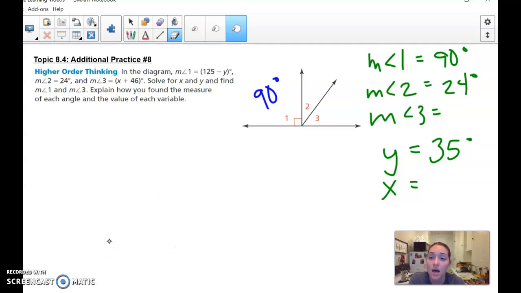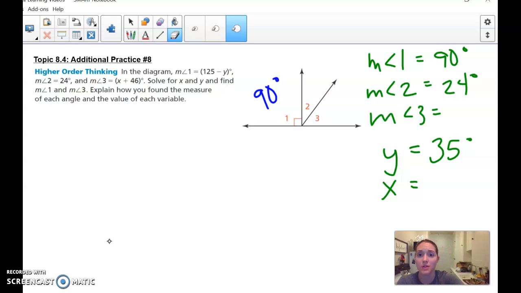Now, angle 2 is 24, and the measure of angle 3 is x plus 46 degrees. So I can do one of two things. I can say that 24 plus the quantity x plus 46 should be equal to 90, or I could use angle 1 also and say that 90, which is the measurement of angle 1, plus 24, which is the measurement of angle 2, plus the quantity x plus 46 is all equal to 180 degrees.